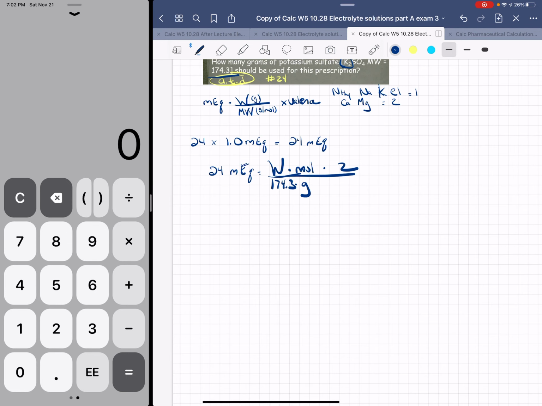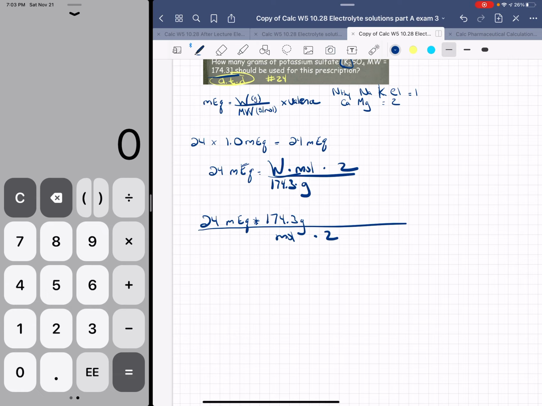Okay, so now I'm going to solve for my weight here, and that's going to be 24 milliequivalents times 174.3 grams per mole, divided by 2 at this point.